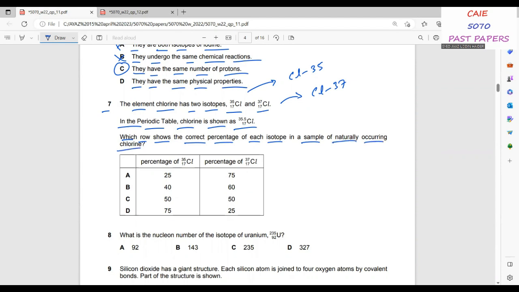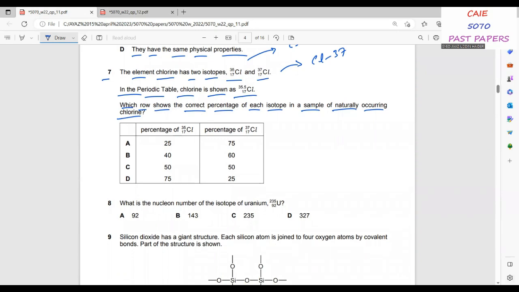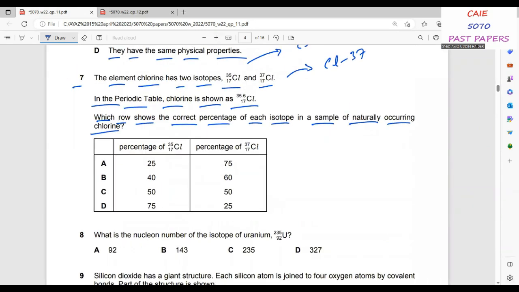Now here we need to do some calculation. So let's consider the percentage for Cl35 as X. So I will write 35X divided by 100 plus. So automatically the percentage for chlorine 37 becomes 100 minus X. So we write 37 times (100 minus X) divided by 100.